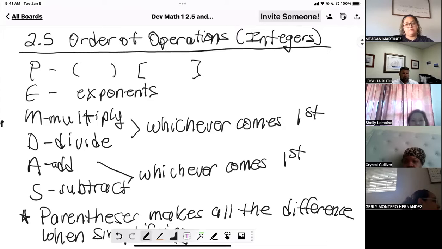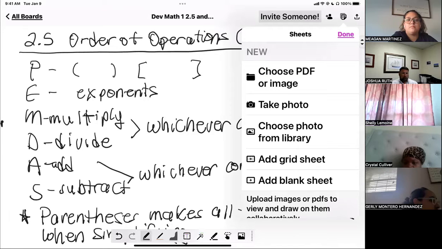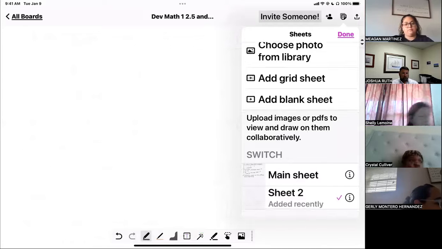So a real quick review on order of operations, and then we're going to start and warm up, and we're going to do wonderful work. Okay, so this is a warm up.